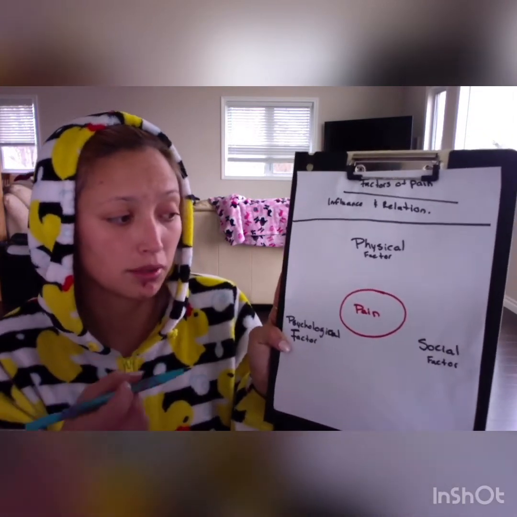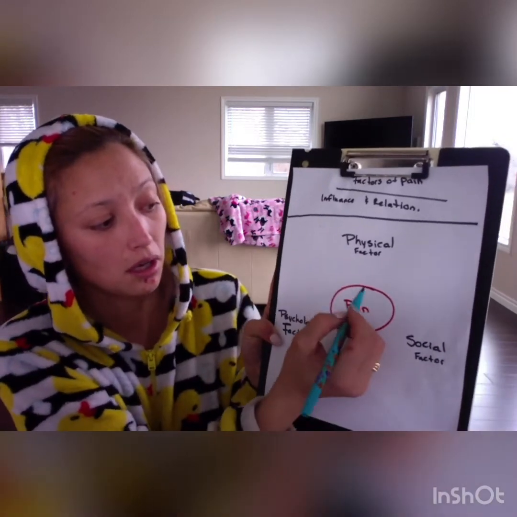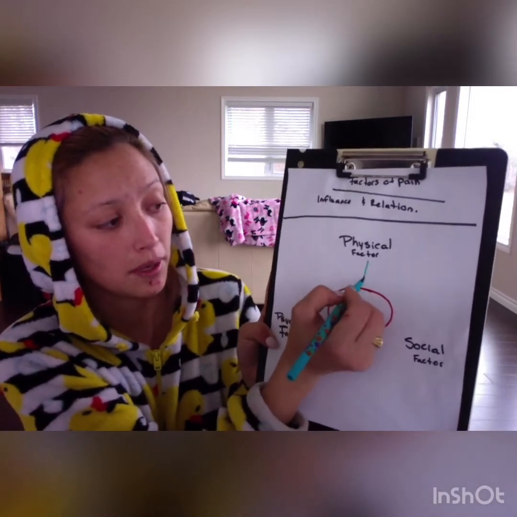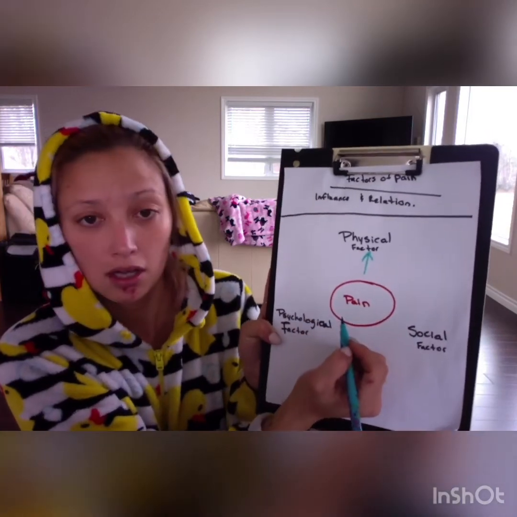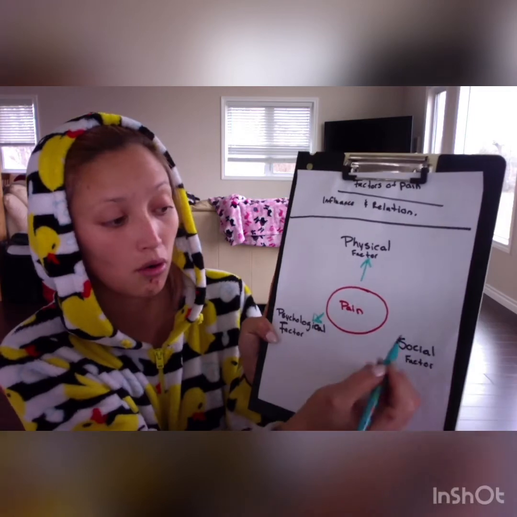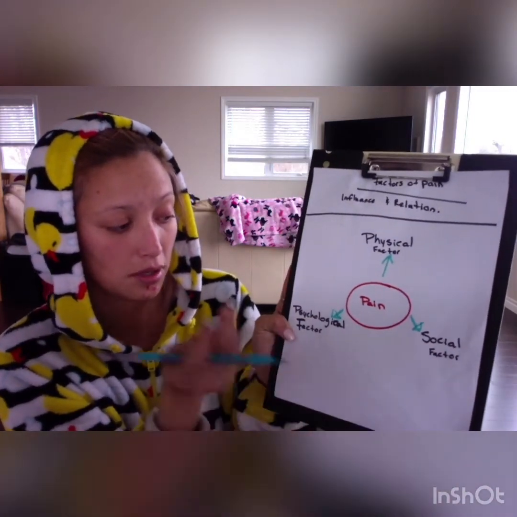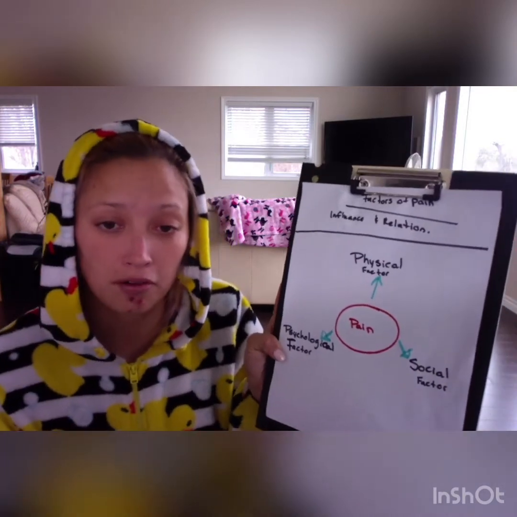So psychological factors would be, yes, depression, things like that. So the way that this works is you have the pain. The pain can cause or affect the physical, social, and psychological parts of your life.